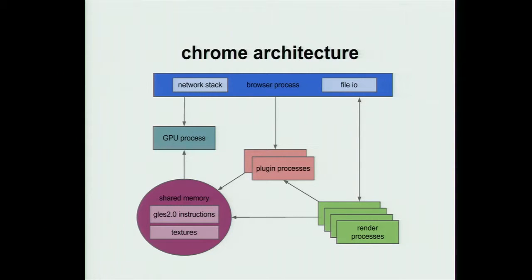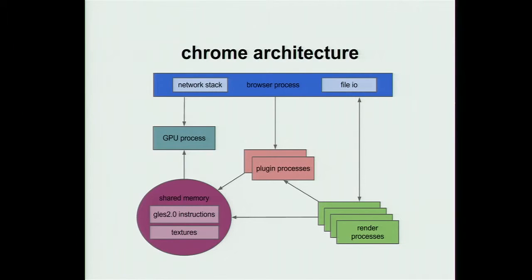Those are what actually run WebKit and V8, and it's not one-to-one. Not every tab gets its own render process. Often they're shared by the same domain, but not always. There's a whole complicated set of rules, and we also limit the number for memory usage depending on how much memory you have.